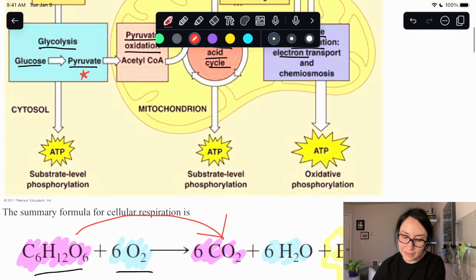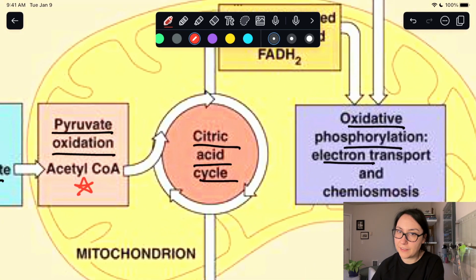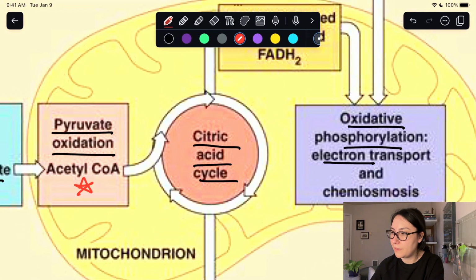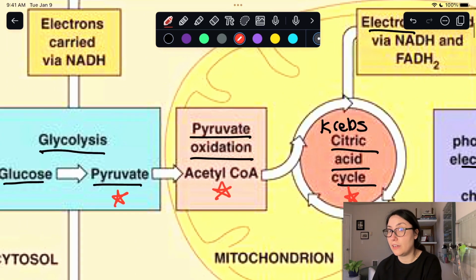Then you also see it in what is called your acetyl-CoA, which is short for acetyl coenzyme A. That's what the CoA stands for, coenzyme A. And the last part that you see it is in the citric acid cycle, which also goes by another name, the Krebs cycle. Okay, so that's where you see it. Basically, it means that wow, that produces a lot of CO2. It does.